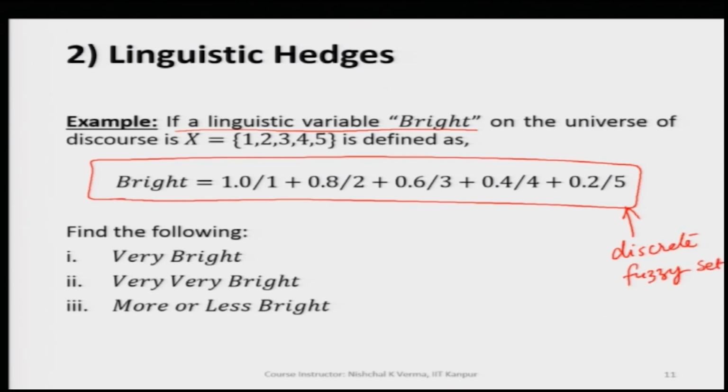Let us now convert this fuzzy set, which is characterized by membership values along with the corresponding generic variable values 1, 2, 3, 4, 5. Using the given bright discrete fuzzy set, let us now find very bright, then very, very bright, and then more or less bright.